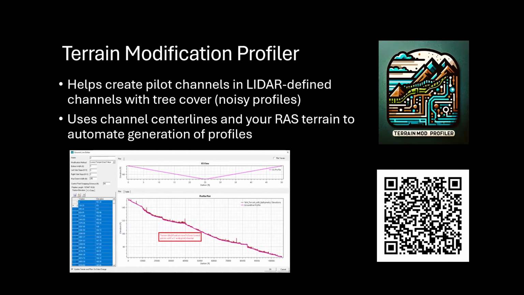You paste those into your terrain modifications layer and export as GeoJSON. You put that into this little script, along with pointing it towards your terrain TIFF, and it gives you a CSV file that lets you copy and paste a pilot channel bottom profile into every one of your terrain mods.